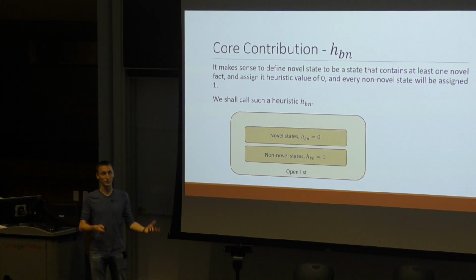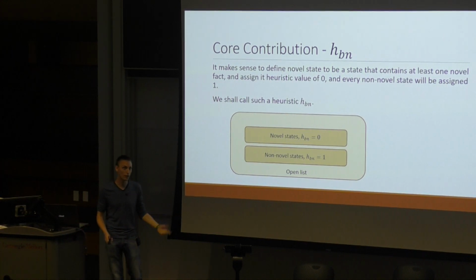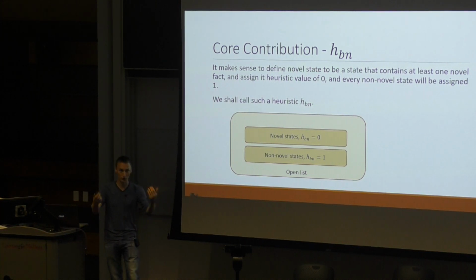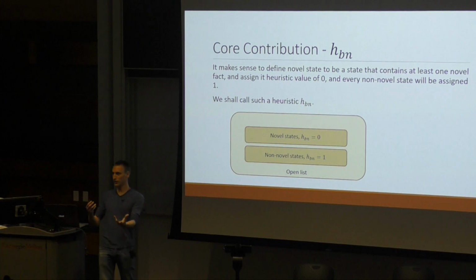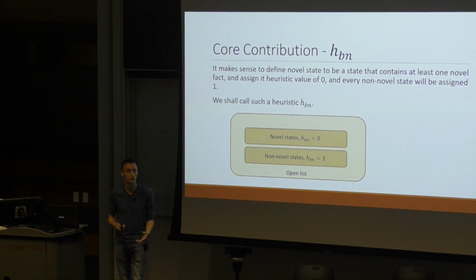Otherwise, if the state contains no novel facts, we'll say that it is not novel and we'll give it a value of 1. So basically we are opening the novel states before the non-novel ones. And we basically emulate here division into 2 queues. That's why I brought the queues in the first place.